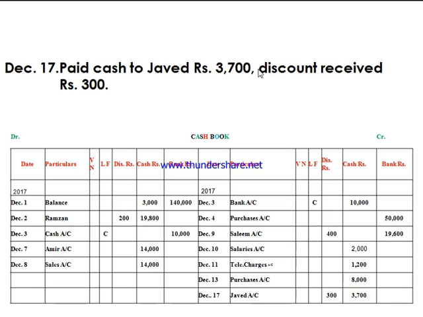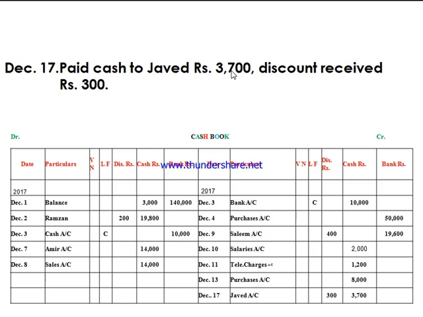Let's see the next transaction, December 17, paid cash. Again, a payment, so it is recorded on the payment side of the cash book, to Javed rupees 3,700. Discount received rupees 300. So we received the discount of 300 and paid cash to Javed, 3,700.